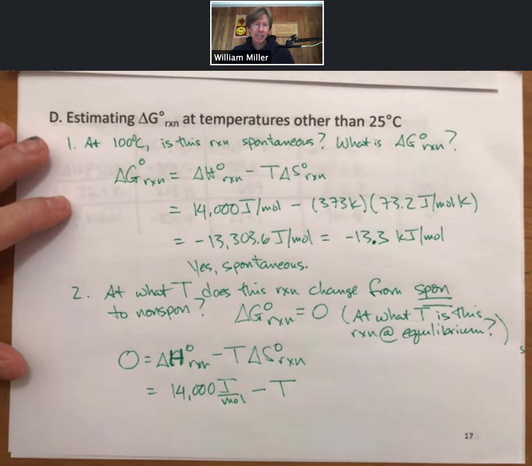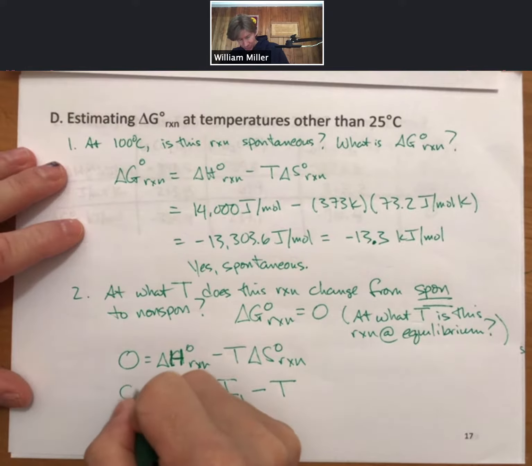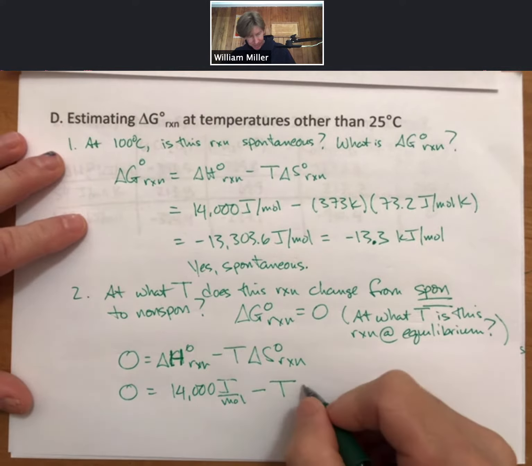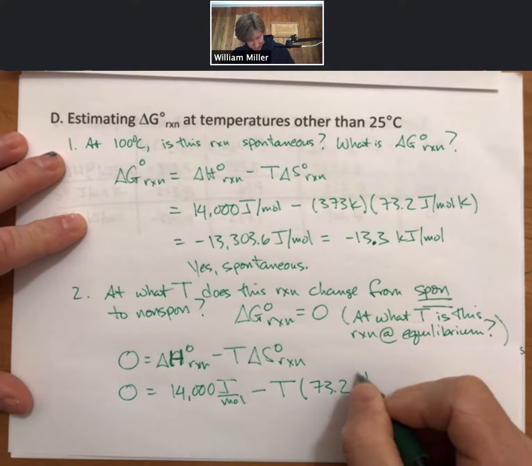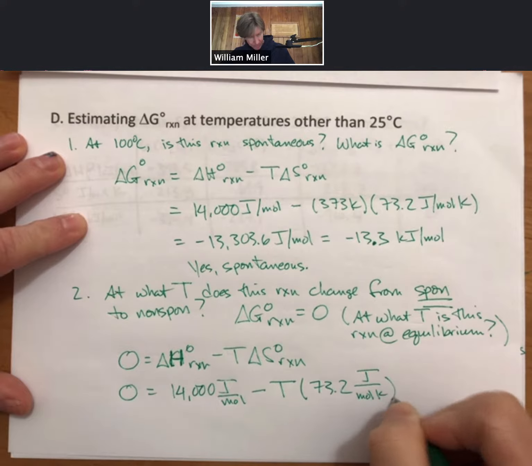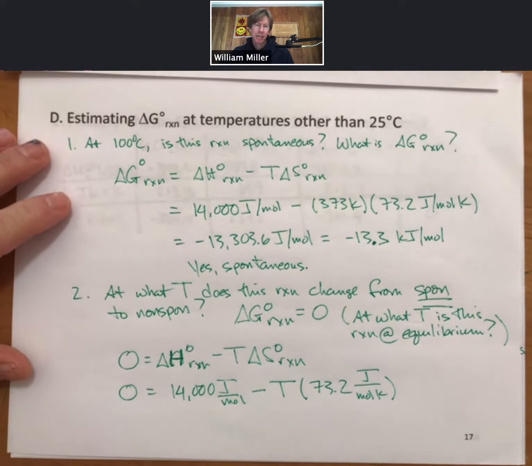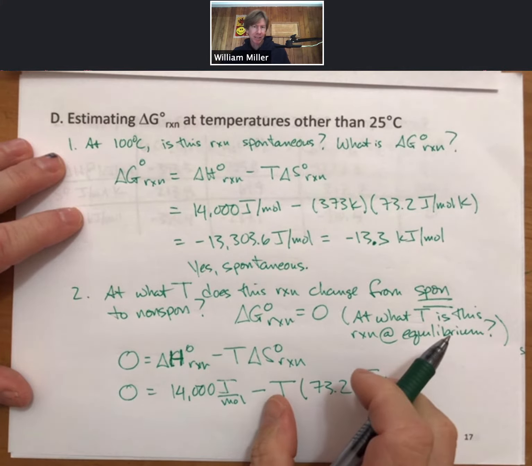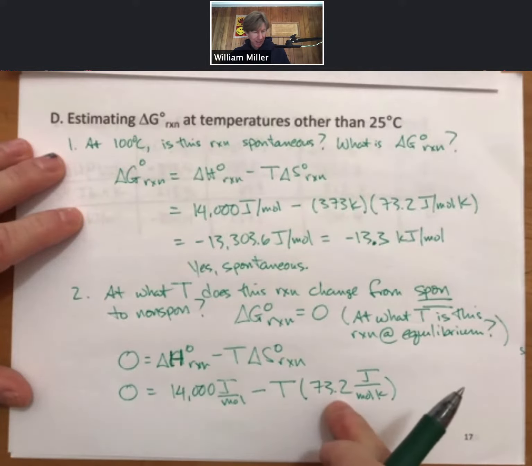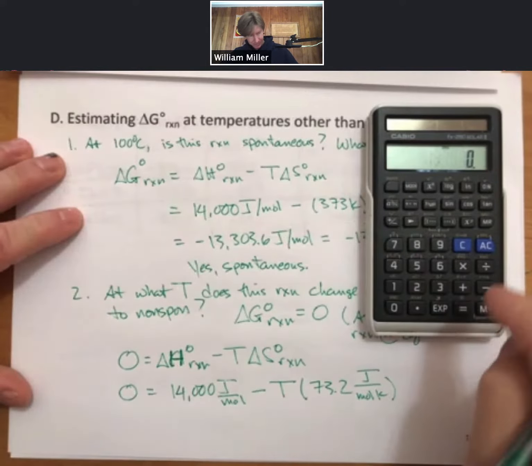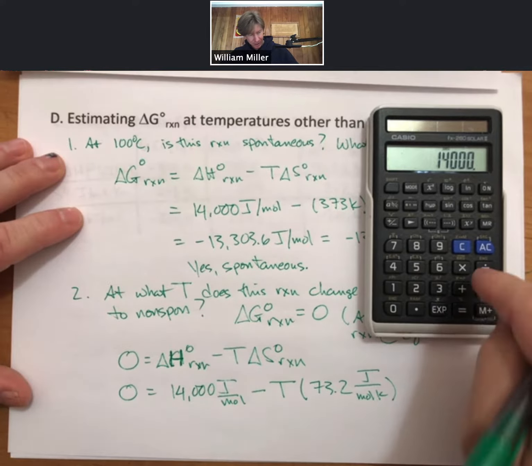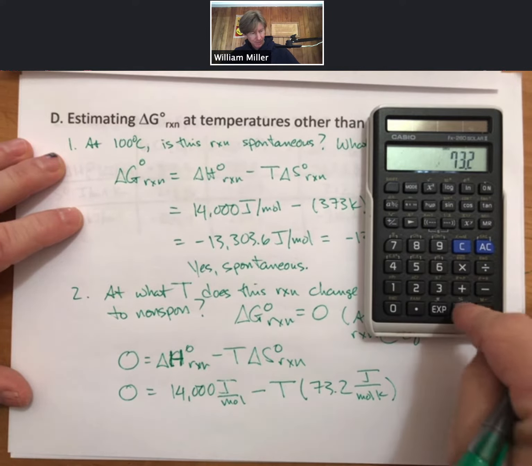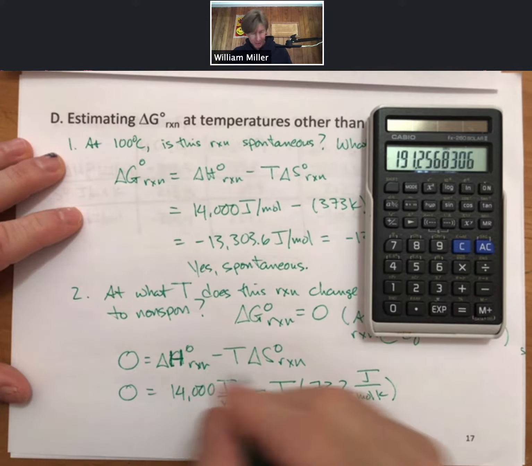We will plug in T, because we're solving for T. We'll put our 0 for delta G. And now we'll solve for temperature. You can see that when we put this over to the other side, this term will be positive. Temperature ends up being delta H divided by delta S. 14,000 divided by 73.2, I get 191 Kelvin.